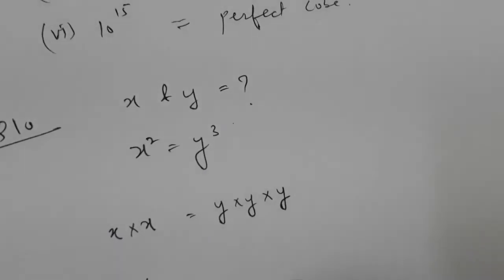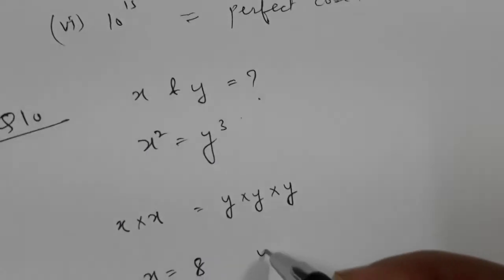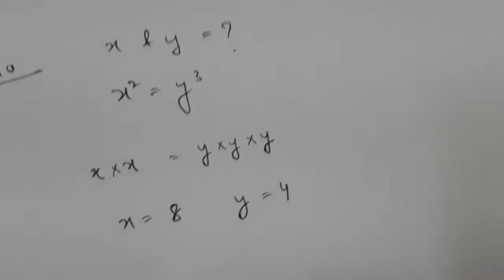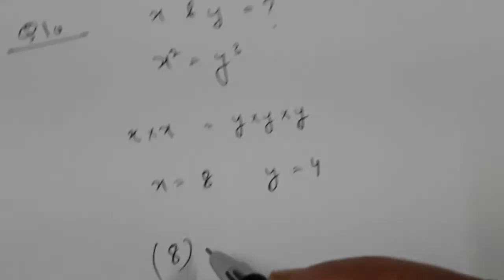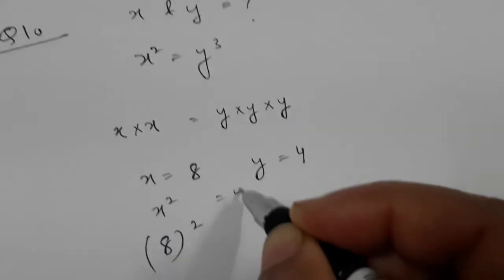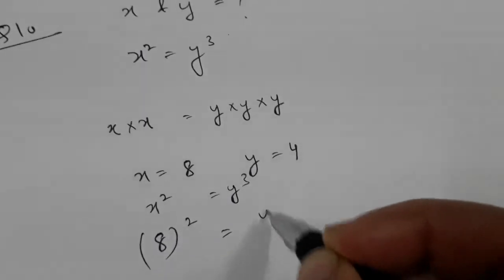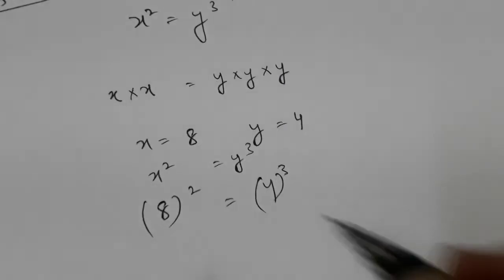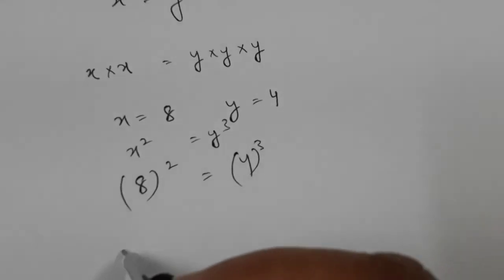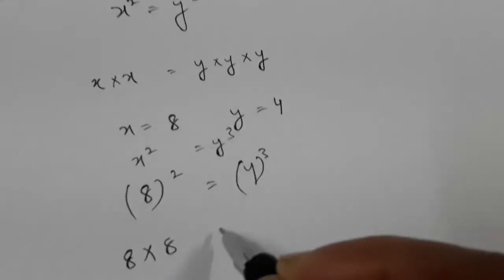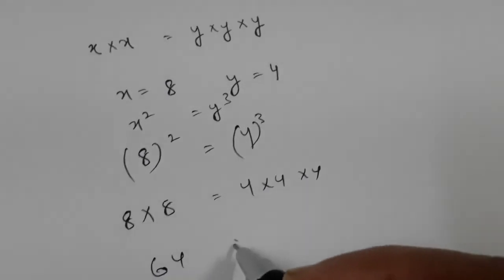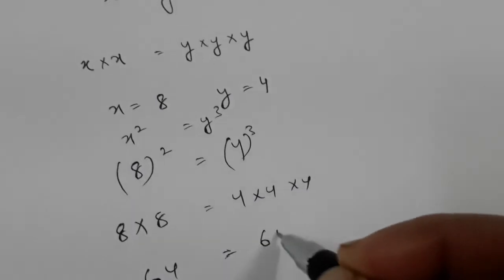So that number x would be 8 and y would be 4. If we take x square, or you can say 8 square, that would be equal to y cube, meaning 4 cube. Let's check whether x square equals y cube. 8 square is 64, and 4 into 4 into 4: 4 4s are 16, 16 4s are 64.